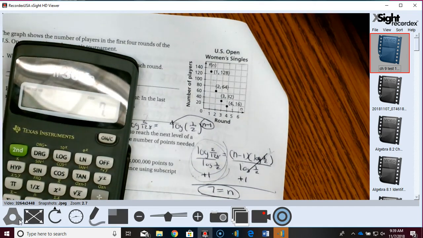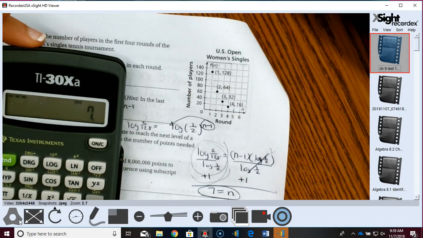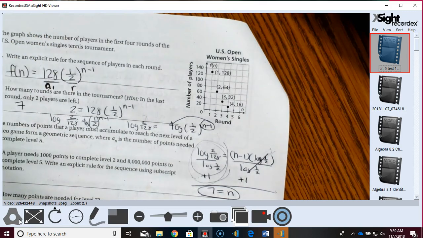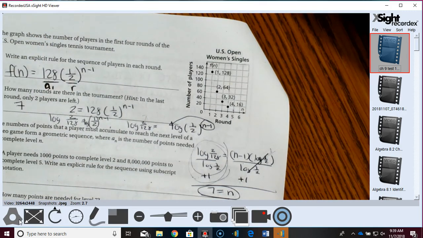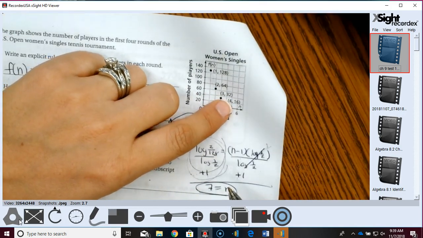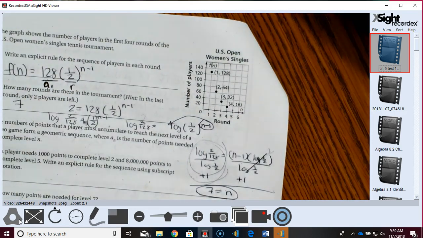And that, my friends, is Algebra 2, which you guys don't know yet. But just FYI, it could be solved algebraically in the future. For right now, you would just kind of continue the pattern. So 16 divided by 2 is 8, divided by 2 is 4, divided by 2 is 2. Does that make sense? Okay.